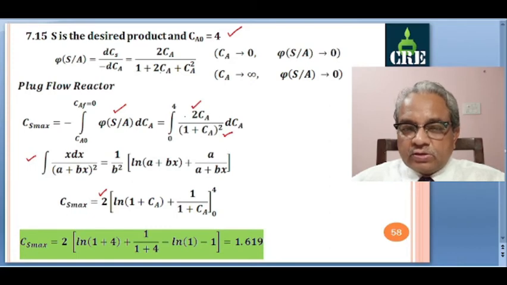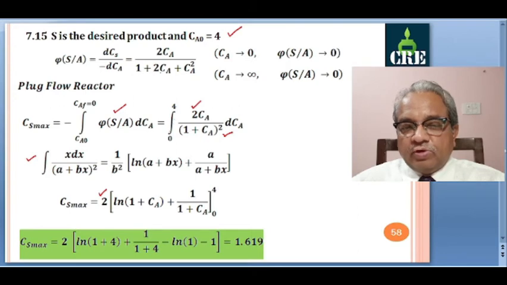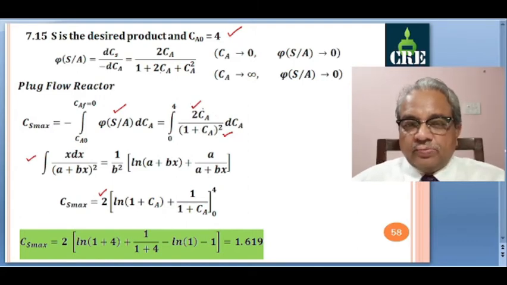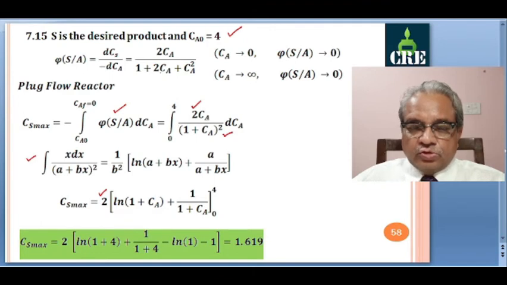For integral y dx, what is on the y axis? Y. This you can calculate for various values of CA, from 0 to 4. You can take 10, 15 values, whatever, calculate immediately and plot the area under the curve. Measure the rectangles properly, and that will give you the value of the integral. Or go by numerical methods.